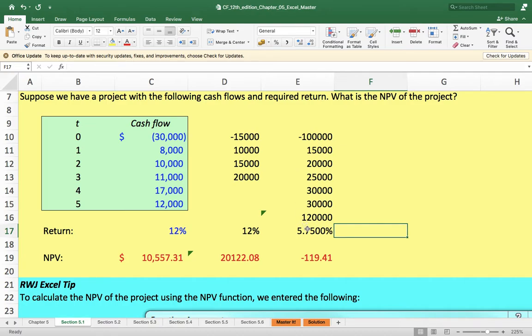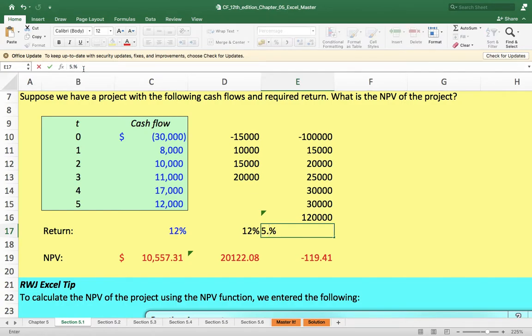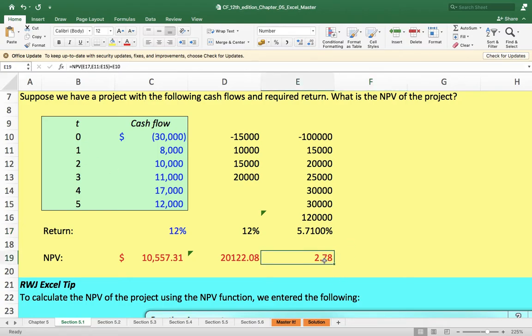See, at 5.7 it was positive, at 5.75 it is negative. That means the IRR is 5.71. See, this is the 2.78 is the NPV. Where the NPV becomes zero, that is the IRR.